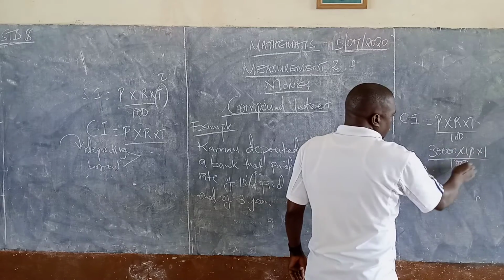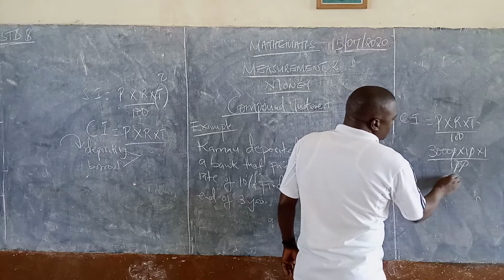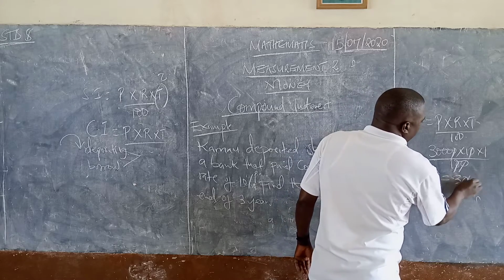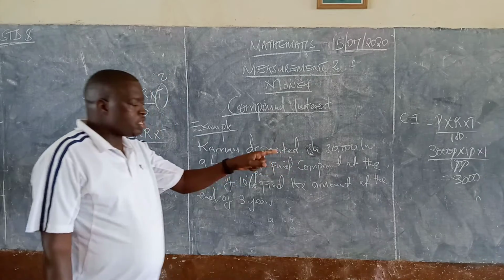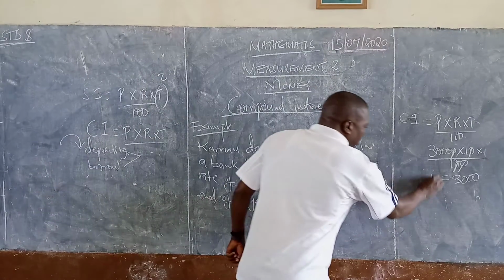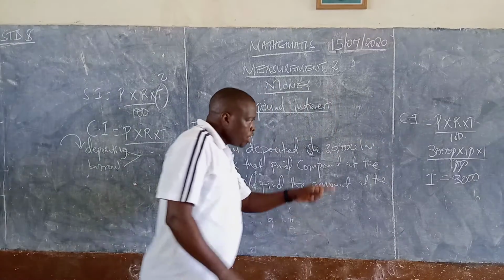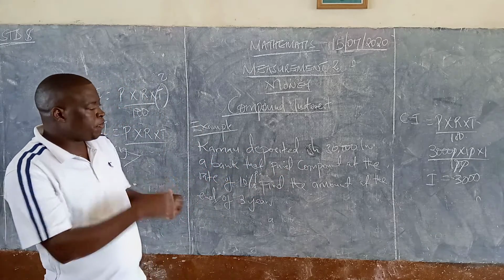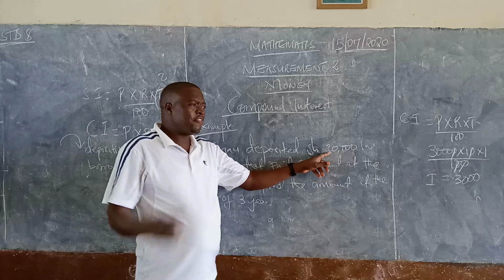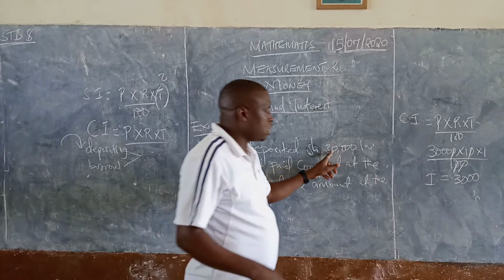So, for the first year, I want us to get the interest. 0 and 0, 0 and 0. So our interest is 3,000. What is going to happen to that interest? This is the interest for the first year. We are going to take the interest and add it to the first principal, which is 30,000.